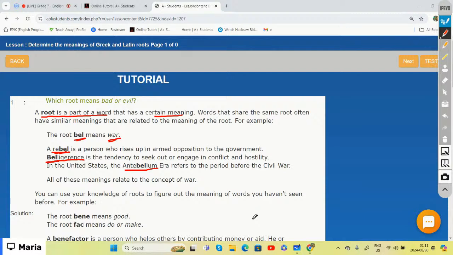The word antebellum literally means before the war, because if we break up that word into ante and bellum, it would mean before war, or before the war.